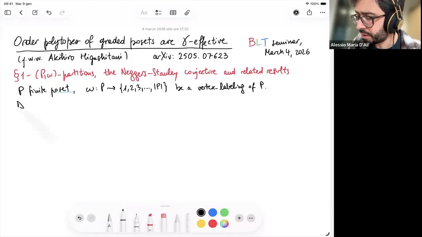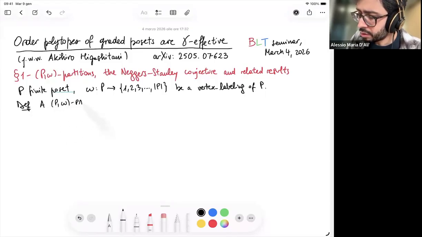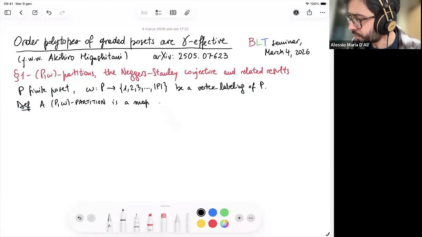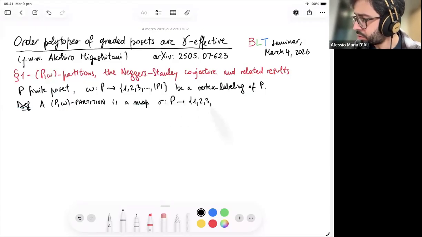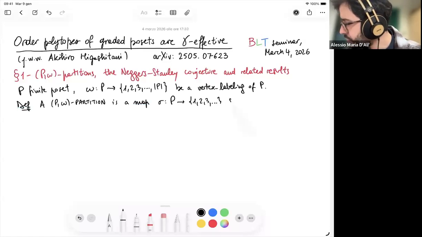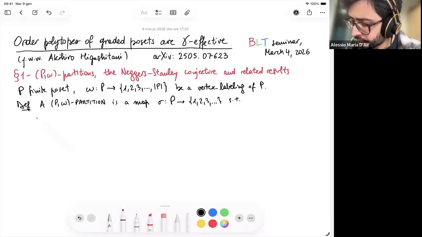Okay, so what is a P-omega partition? It's nothing but a map sigma from the vertices of the poset into natural numbers bigger than 0, such that two things happen. The first one is just that sigma is order reversing.